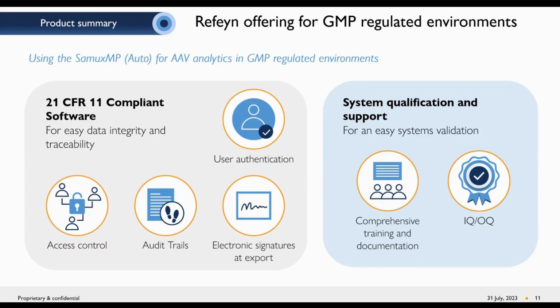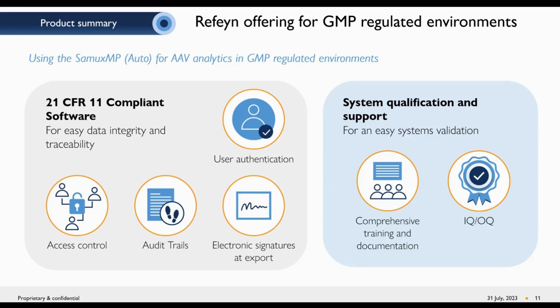Until now, mass photometry has only been used for AAV analytics by R&D and some process development teams. With the new launch of our 21 CFR Part 11 compliant software and also the offering of the IQs or OQs, this technology can now start being used in GMP-regulated environments.